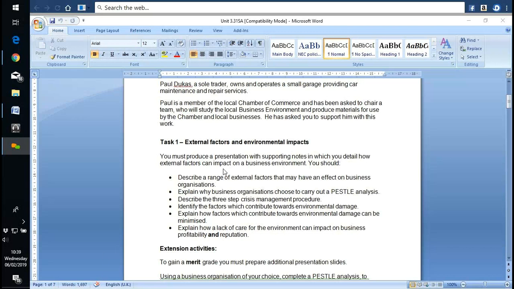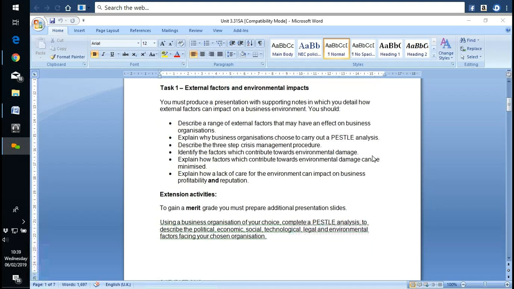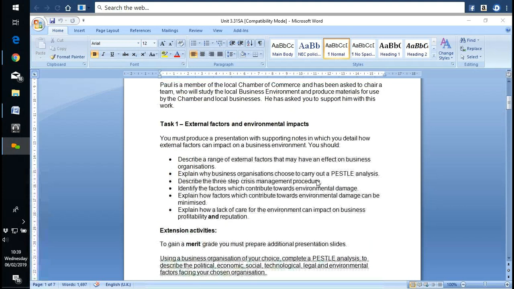So you're looking at a range of external factors, not just environmental, that have an effect on business organisations in general, and those will be a range of political, economic, all the PESTLE analysis signs: political, economic, social, technological, legal, and environmental.